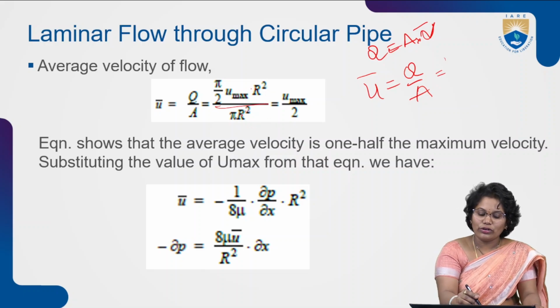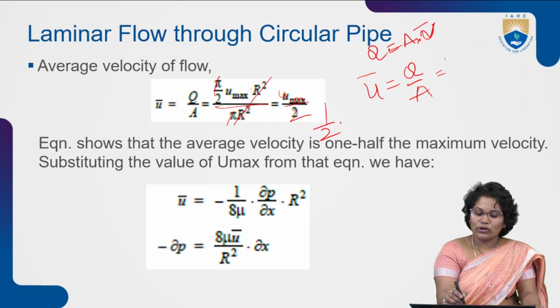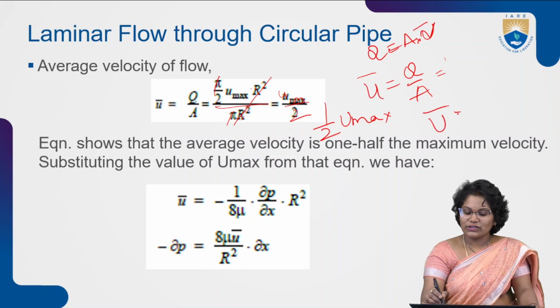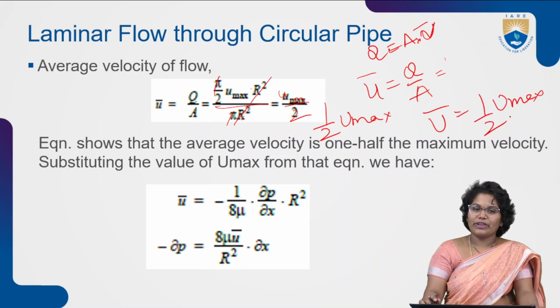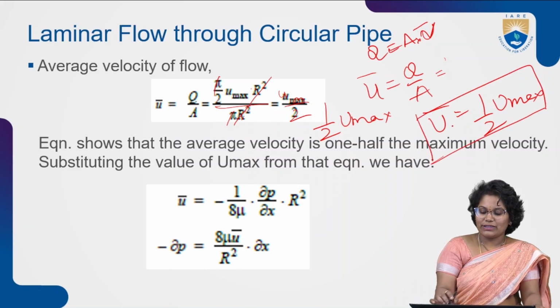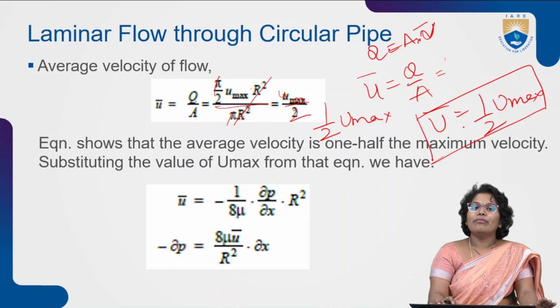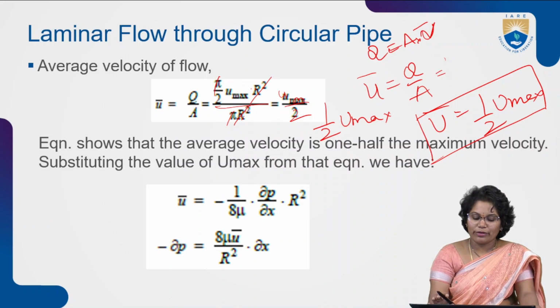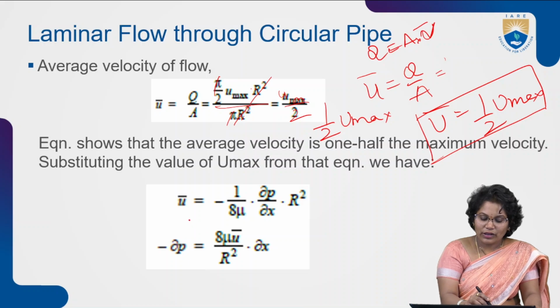When you cancel these terms, you get U average equal to half of your U max. This shows that the average velocity is half of the maximum velocity in laminar flow through a circular pipe.